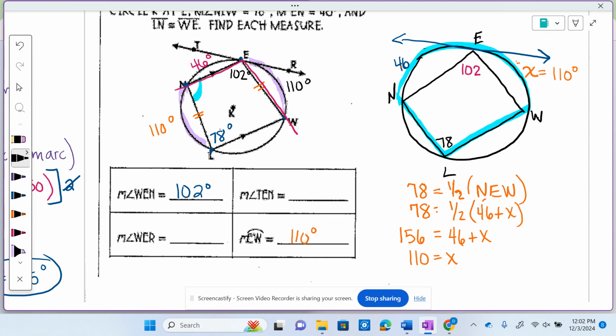It's half. So if arc EN is 46 degrees, what is the measure of angle TEN? It's 23 degrees. And if arc EW is 110 degrees, what is the measure of angle WER? 55.